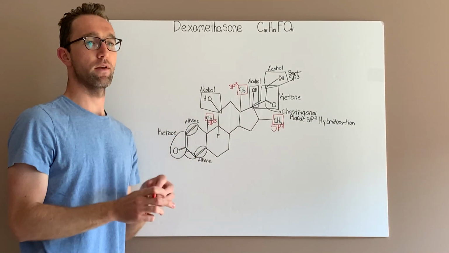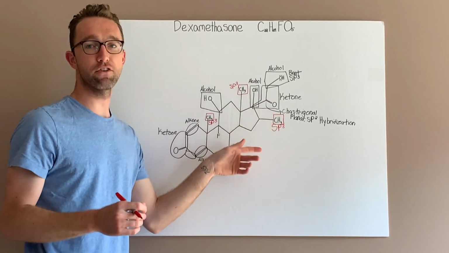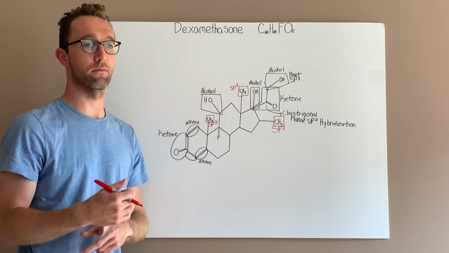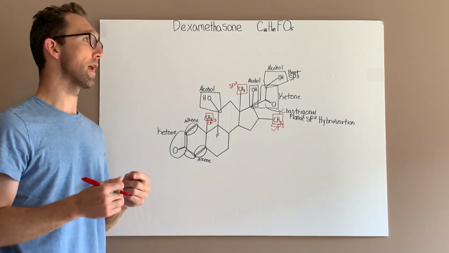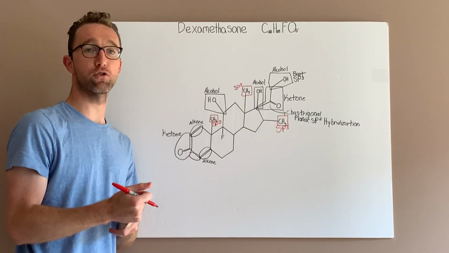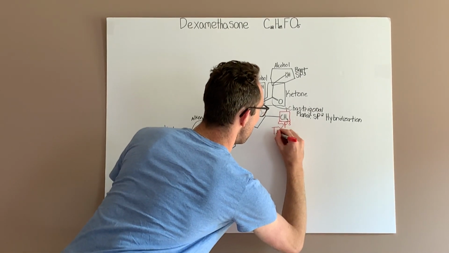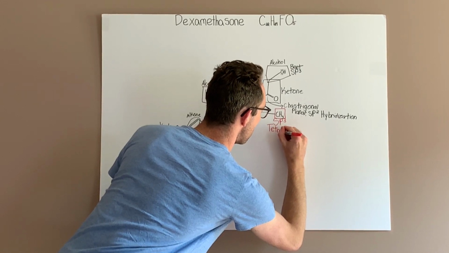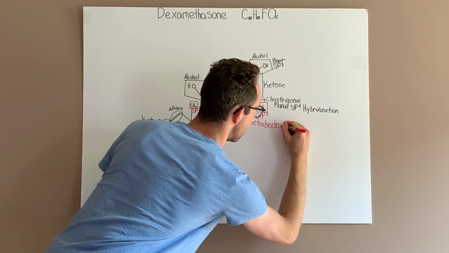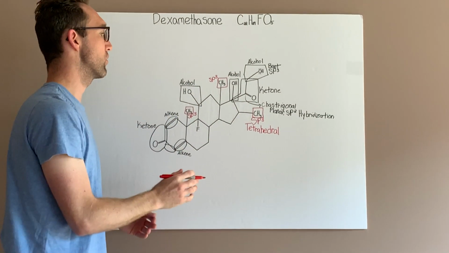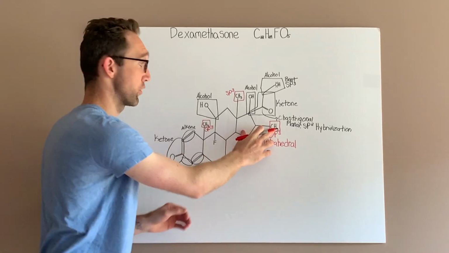So it has 4 attached atoms, 4 electron groups, and no lone pairs, so we have a tetrahedral electron arrangement, and we also have tetrahedral molecular geometry. We'll write that here. As a result, the bond angles for this carbon will be about 109.5 degrees.